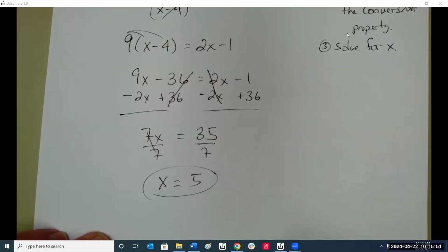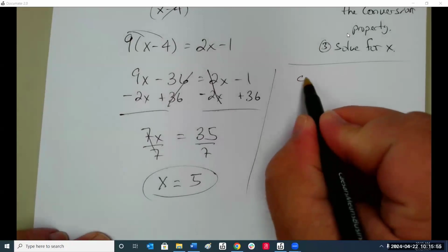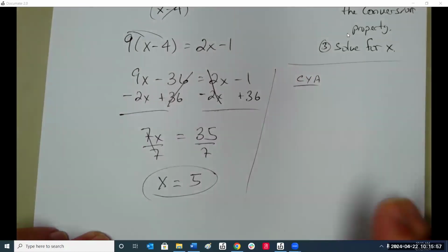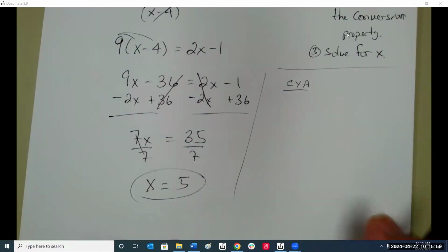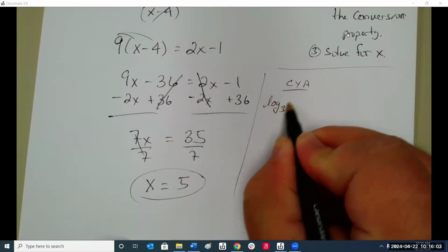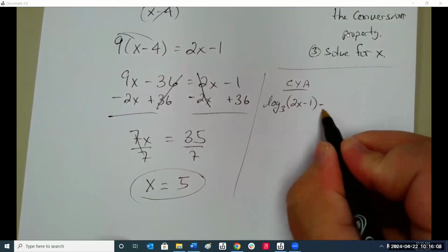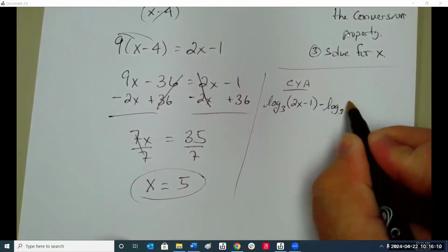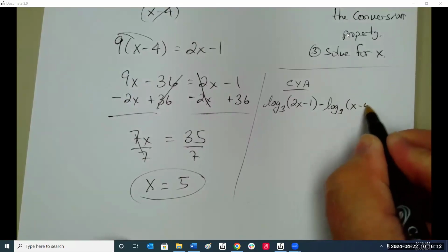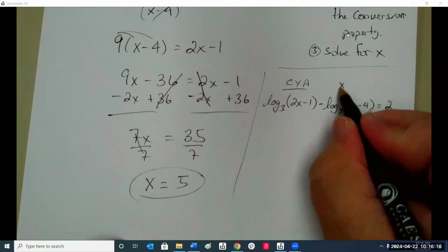Are we sure that's the right answer? Always check your answer. So I'm saying that x is equal to 5.